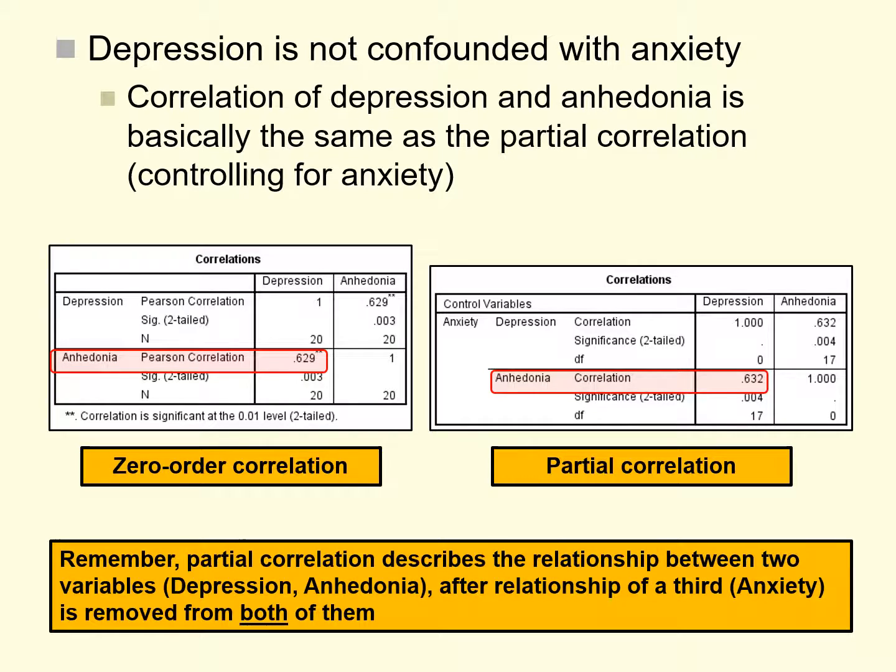So again, see here the zero-order correlation, the regular unadorned correlation between depression and anhedonia is about 0.62, and that's about the same, about 0.63, whether we just consider the zero-order correlation or the correlation controlling for anxiety, because again, anxiety isn't really correlated with depression in this example.